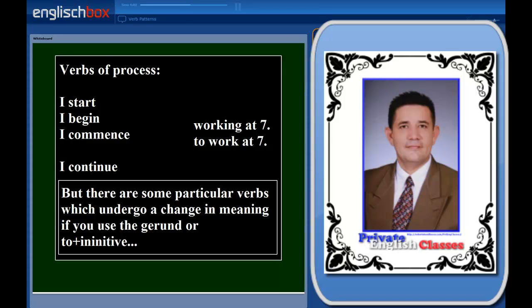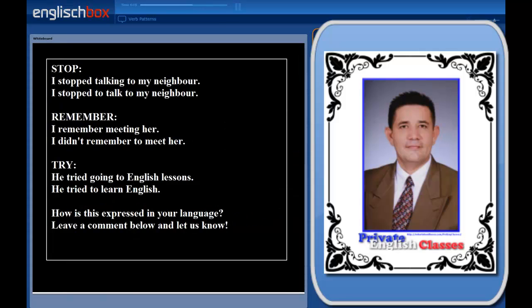But there are also some verbs which you can use with to infinitive or the ing form, but the meaning changes. So let's look at some examples of verbs where the meaning changes. To stop. I stopped talking to my neighbor, and I stopped to talk to my neighbor. What's the difference in meaning? Do you know?